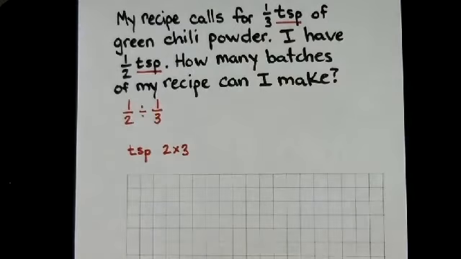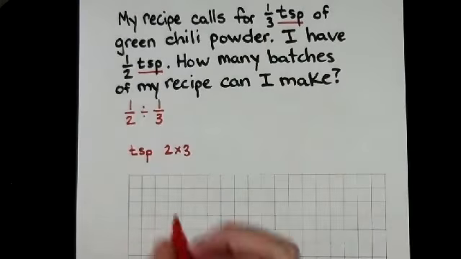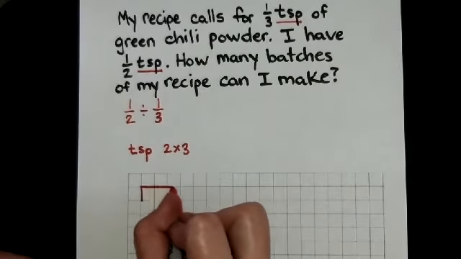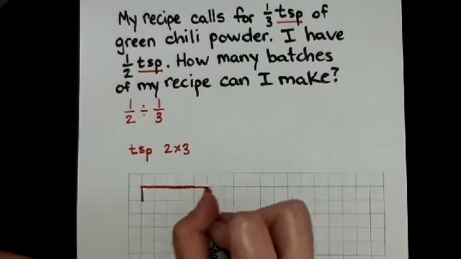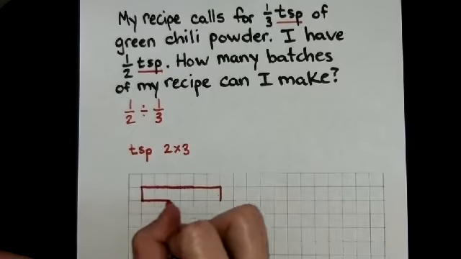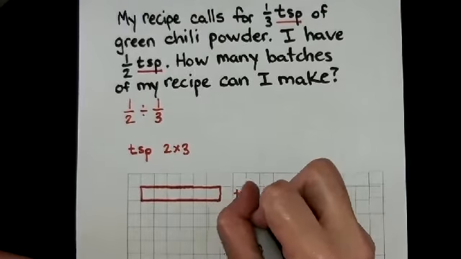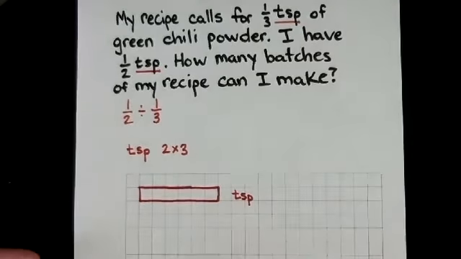So we'll be making a teaspoon that consists of 6 boxes. So 6 boxes is our teaspoon.